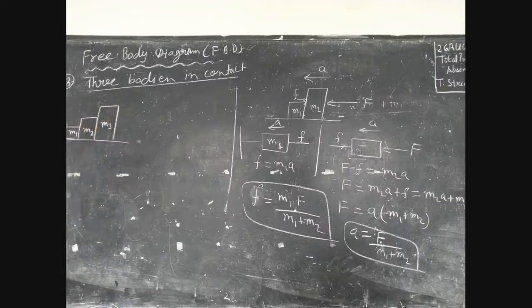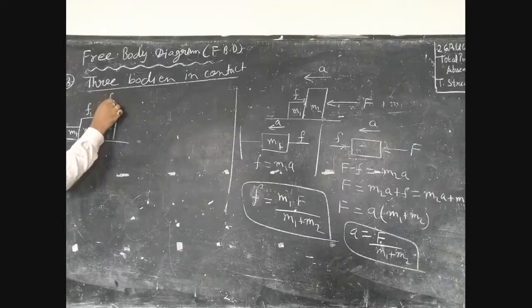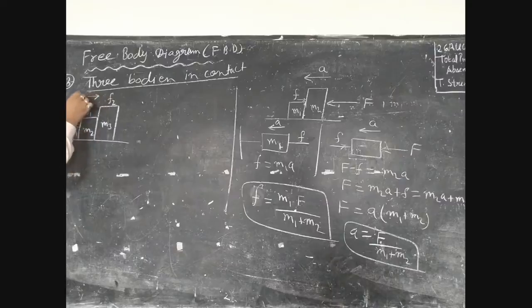This is M3. 4, 5, 6, however many there are, you have to make them like this. The force applied from here. F force is applied to the smaller body. Then we find the total system after the smaller body opposing this applied force by a force F1. Simple. Now the two systems are solved. The third one is opposing the remaining force by F2. And what we find? The body is getting motion in the direction of applied force.